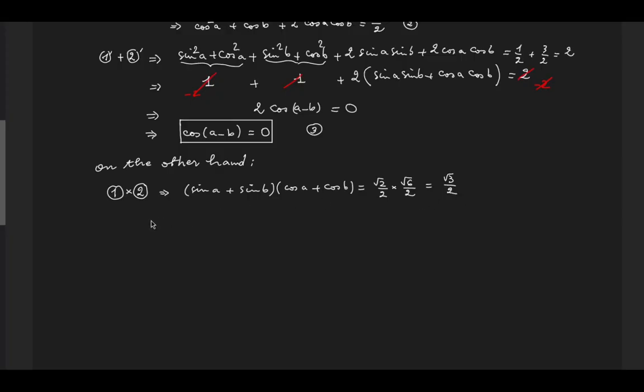We expand this product: sine a cosine a, plus sine a cosine b, plus sine b cosine a, plus sine b cosine b, all equal to square root of 3 over 2.